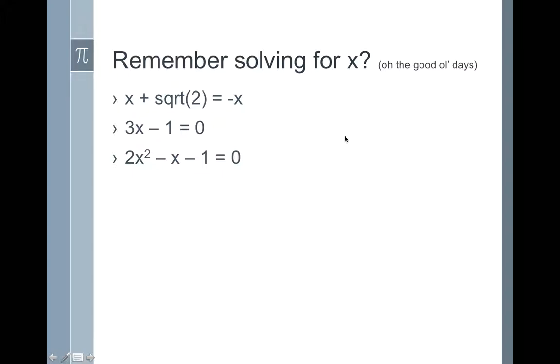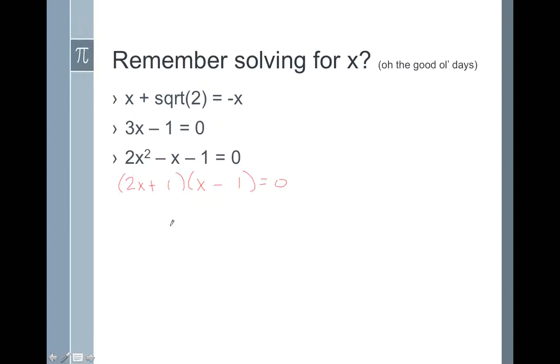This one here might take you a couple seconds to actually figure out how to do it. And yes, you could use the quadratic formula, but this one does factor to 2x and x, and those both have to be 1s, and I need a minus 1, so that means I need more negative than I have positive.